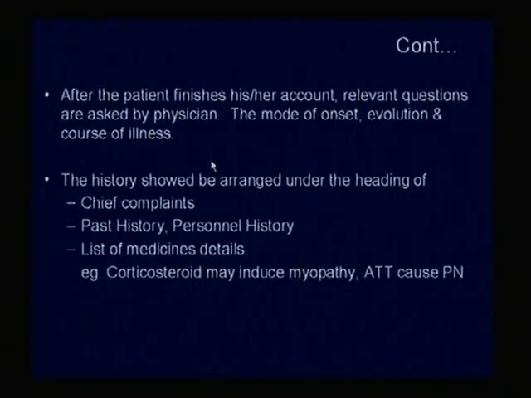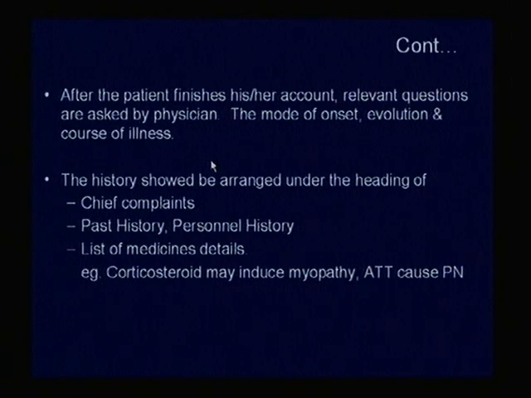The history which is elicited from the patient must then be put under various headings like the chief complaints, then past history and the personal history, and the list of the medicines which the patient is taking. Most of the patients coming to the neurology clinic or admitted in the neurological ward are basically very chronic patients, and they may be taking a lot of drugs.